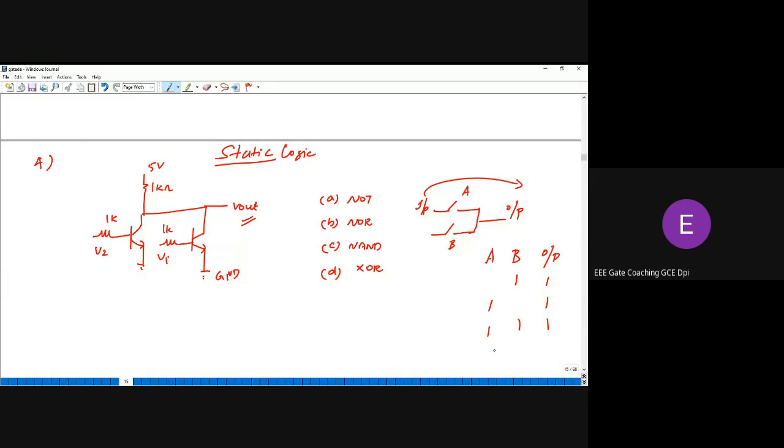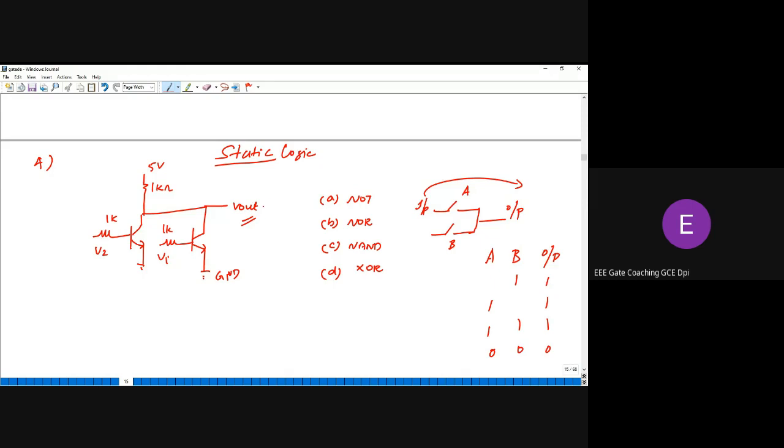So what is this gate actually? OR gate, right? So this is OR gate.